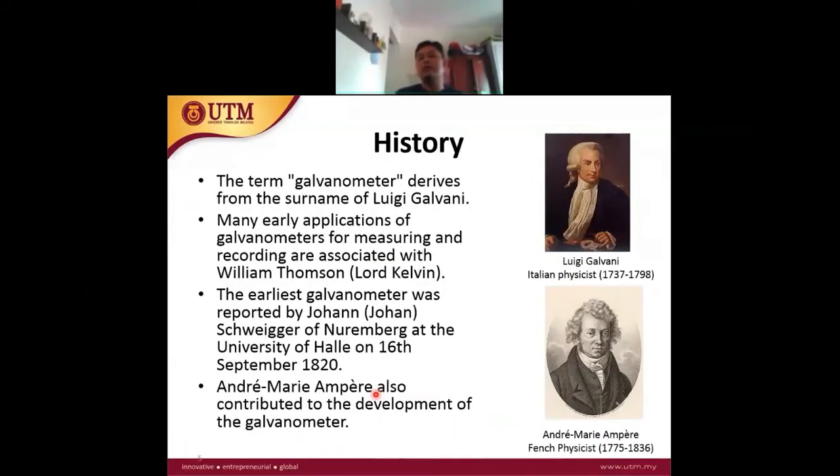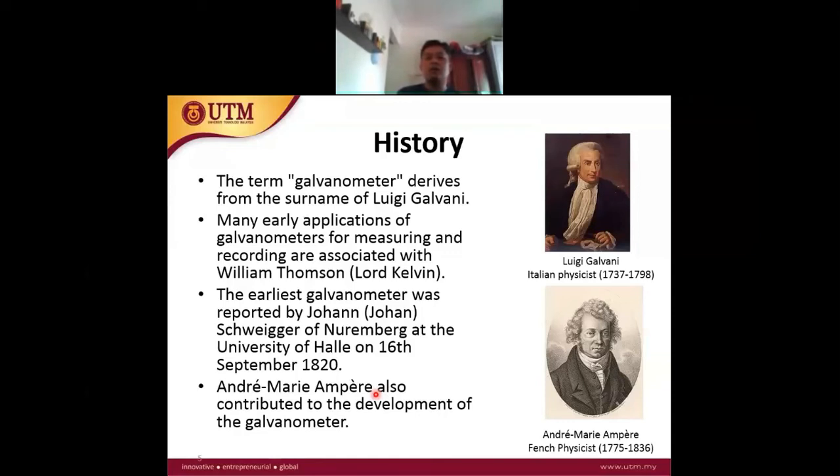Okay, we just give some credit to the people who founded the concept. The terms galvanometer, permanent magnet moving coil, or the unsolvable device refer to the same concept or same device. Galvanometer derived from the surname of the person who found it, Luigi Galvani.